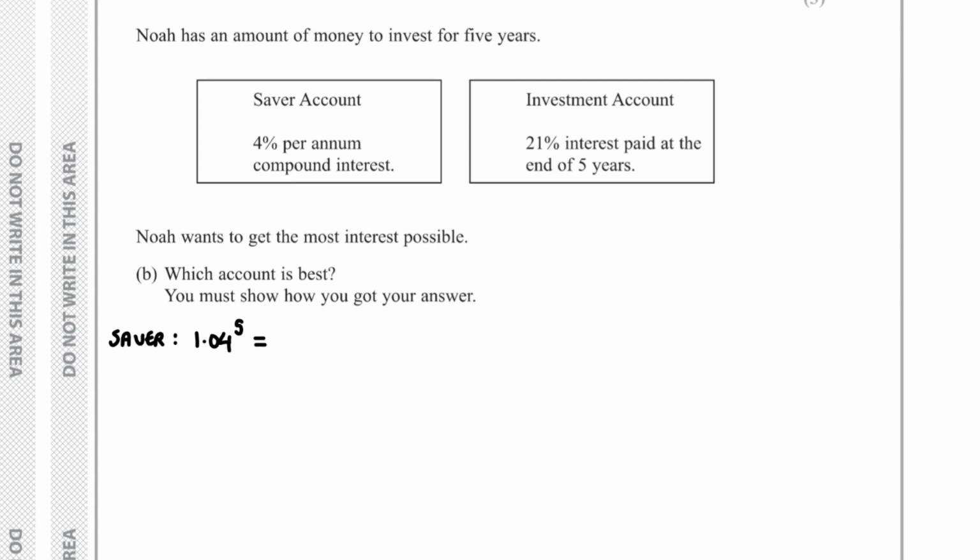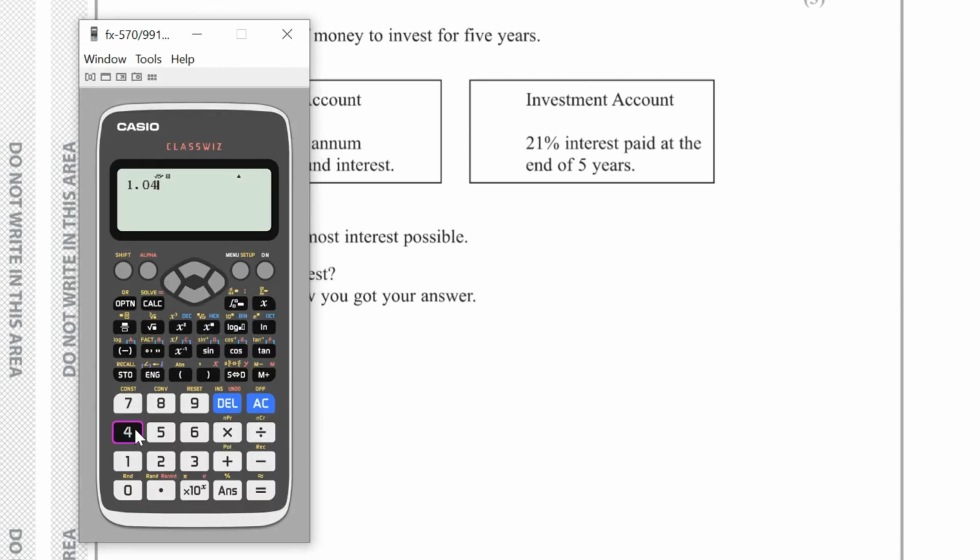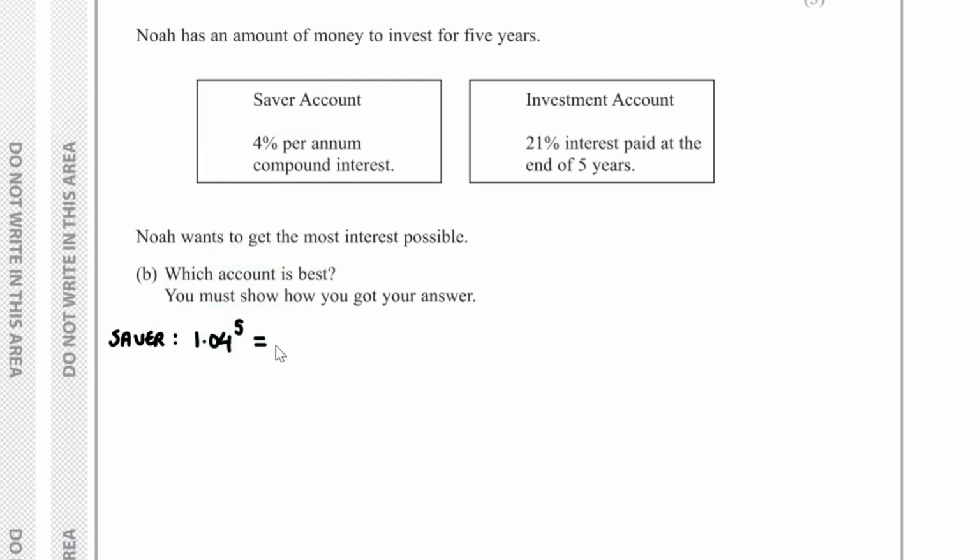So if we work this out, 1.04 to the power of 5, this is 1.216, etc. So therefore the interest paid at the end of 5 years, we've got 21.6, etc. %. And with the investment, we already know we have 21% at the end of 5 years.